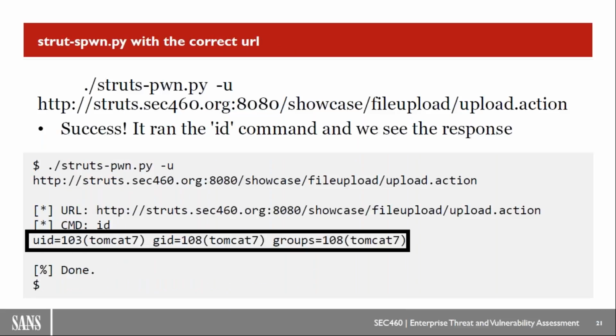Last time, of course, I ran struts.pwn with a fairly benign command, the id command, which is basically what is your ID number, and it works. If I put in the full path to the directory and file name where Struts is, as I showed you earlier, it works. If you don't put that in, it says you are not vulnerable.